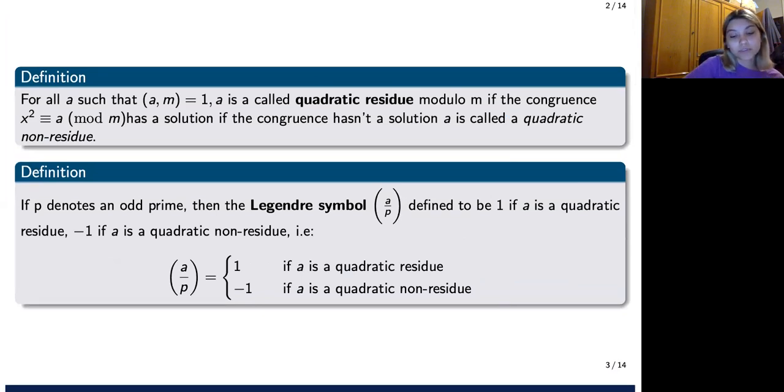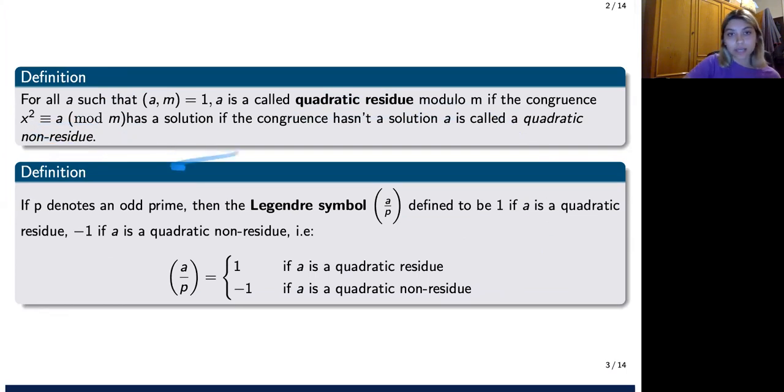I will now describe some of the tools needed to prove the theorem. First, I want to give a definition. We call A a quadratic residue modulo M if there is an X such that the congruence has a solution.